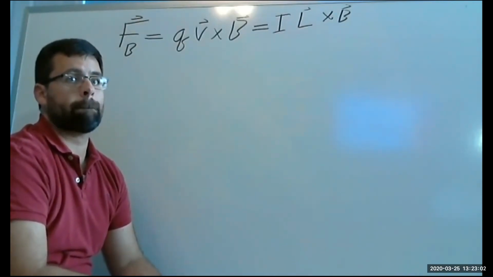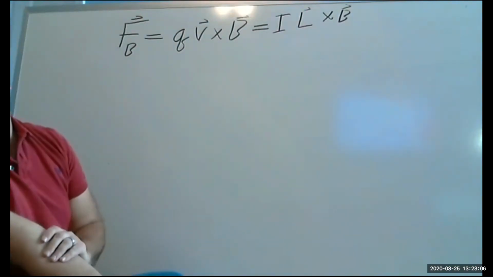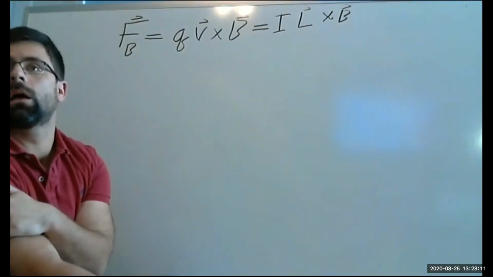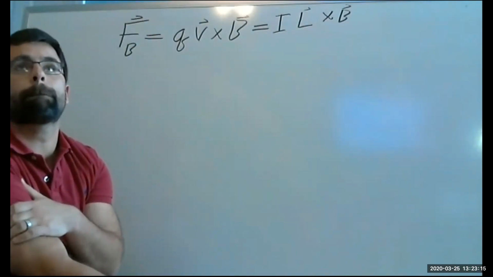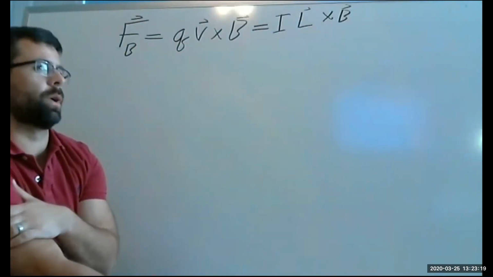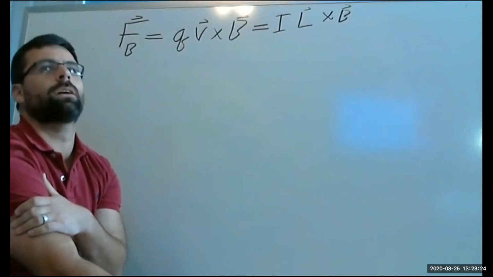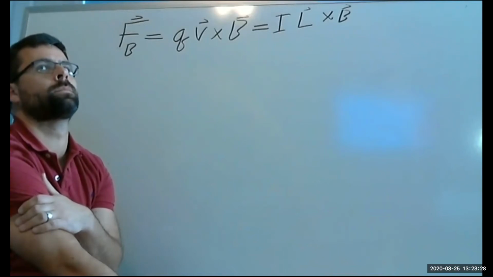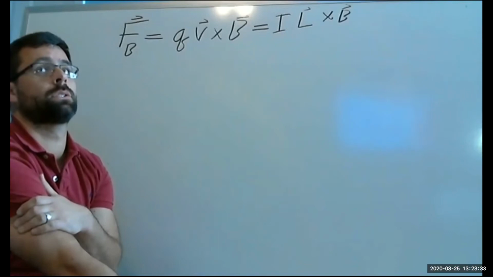So what if the area is 0? The area, what area? I don't know what you mean by area. Like in the other equation you gave us, the one with the funny looking thing?